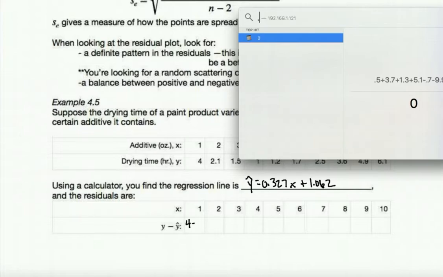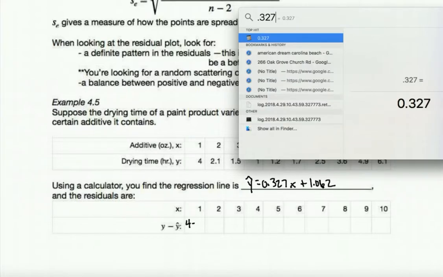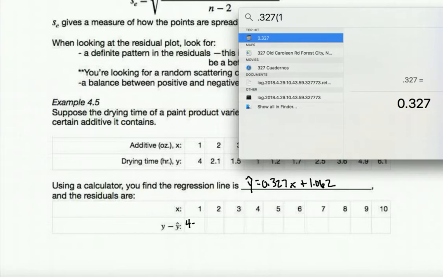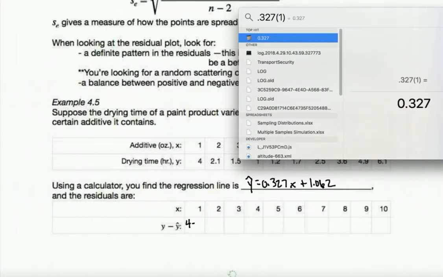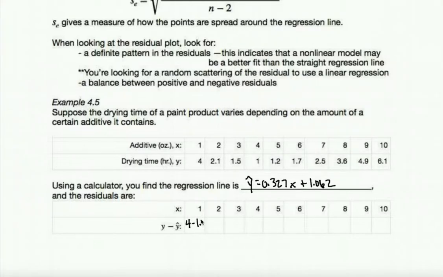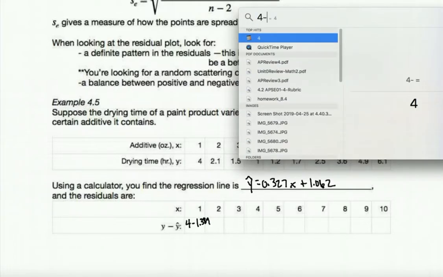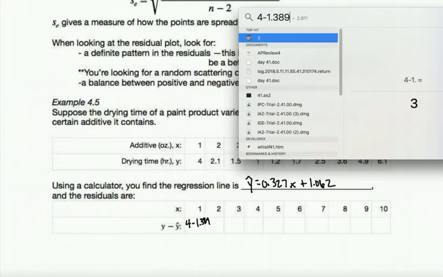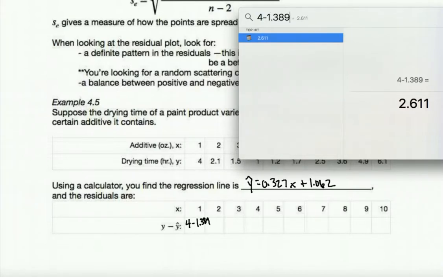You would have 0.327 times 1 plus 1.062, and so you'd have 1.389. So 4 minus 1.389 will give you 2.61.